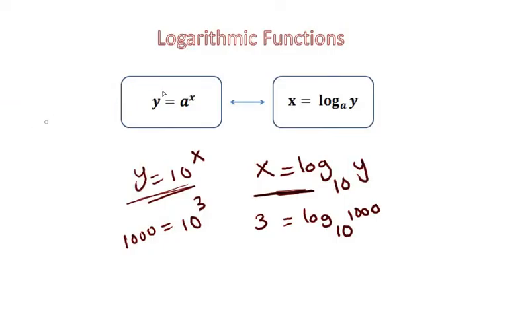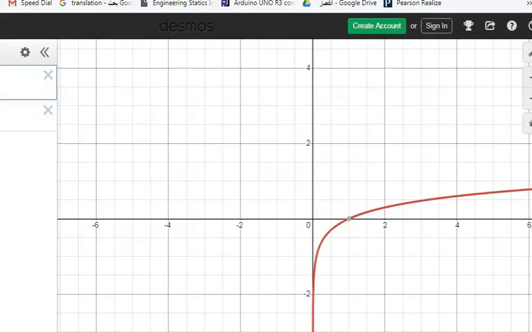The inverse of this is x equals a to the power of y. Now let's represent the inverse with a logarithmic function. Y equals log base a of x. Let's graph these two new functions and see the difference. This is the graph of x equals 10 to the power of y.